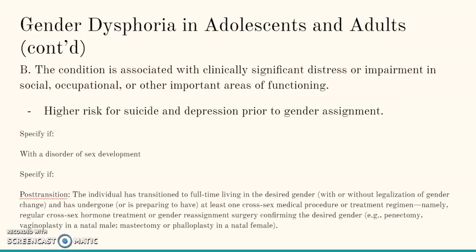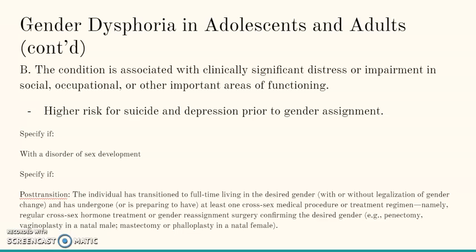So for criterion B, again, it highlights the importance of a person experiencing clinically significant distress that's affecting other areas of their life, such as work and socializing. Adults and adolescents that experience gender dysphoria are at a higher risk for suicide and depression before a gender reassignment surgery.